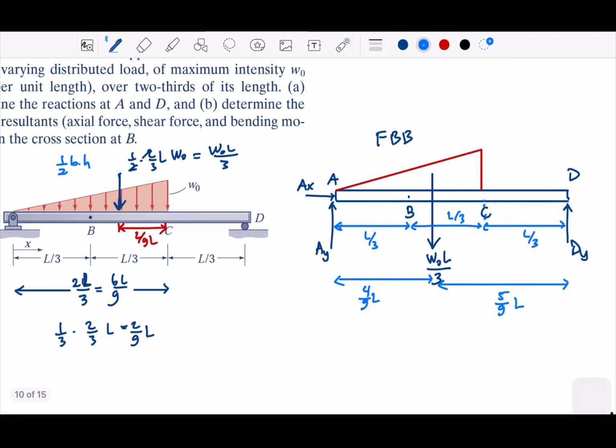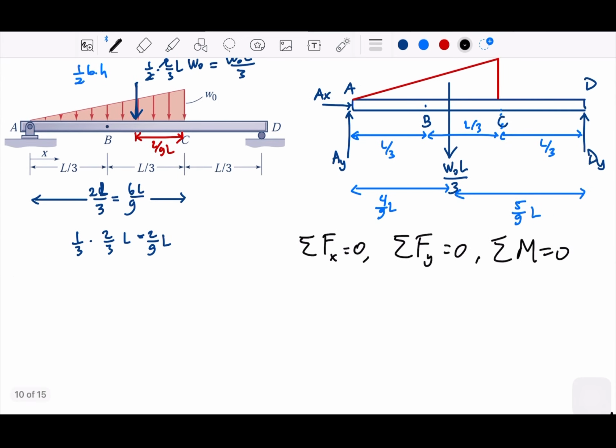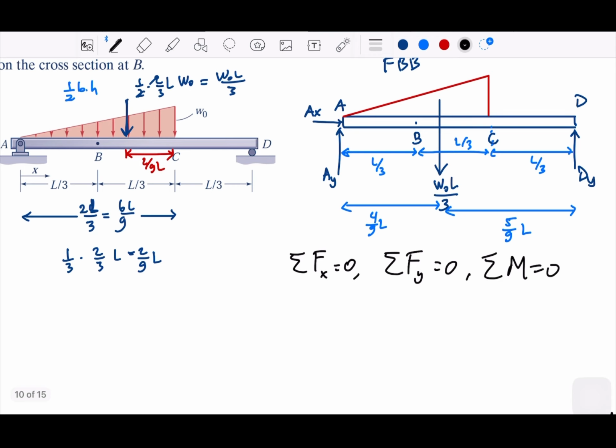And then we could start with sigma Fx equals 0, sigma Fy equals 0, sigma moment equal to 0. For the x-axis, I think no external force, right? So we could say that AX is 0.